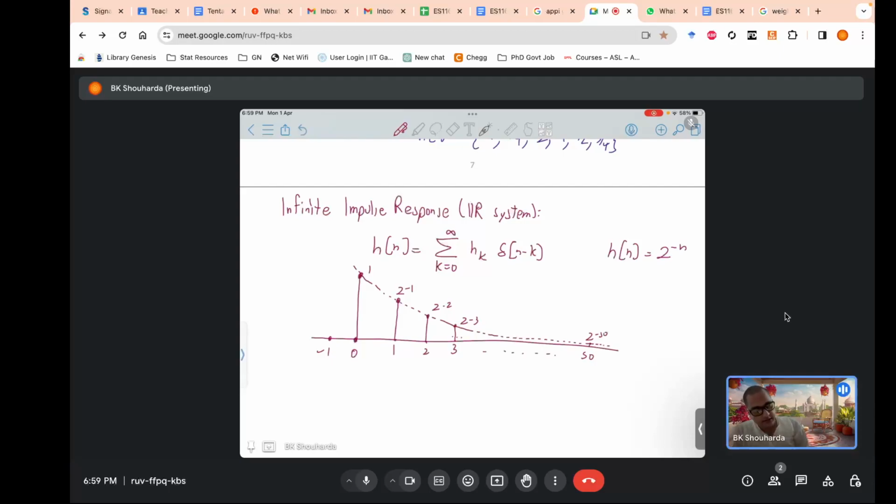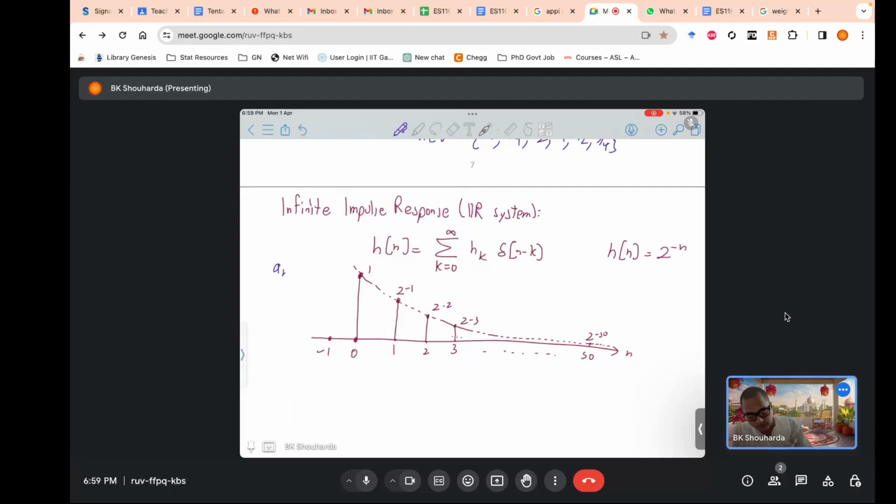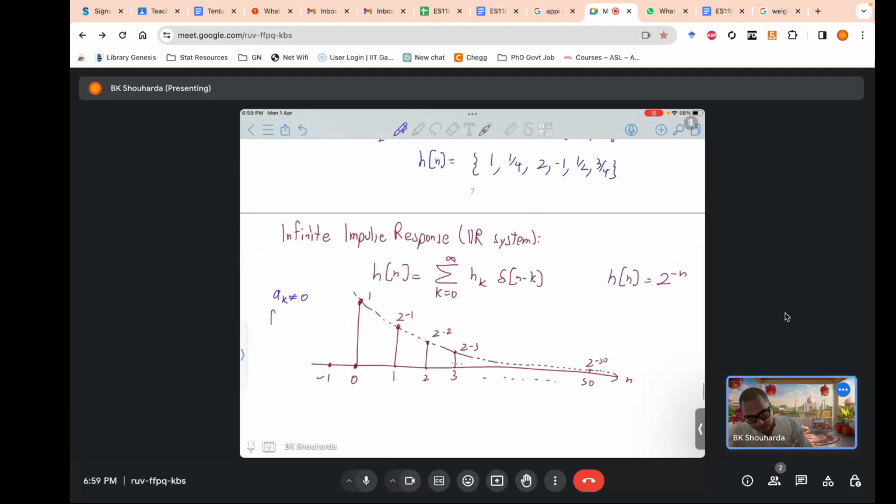So this is never ending, it dies out towards infinity, and this happens when a_k is not equal to 0 for at least one k greater than 0. And why does it happen?